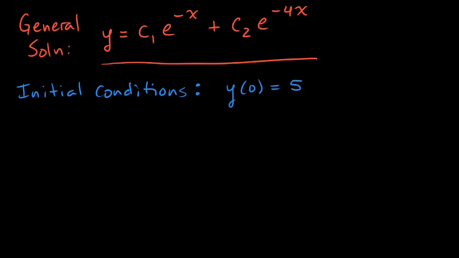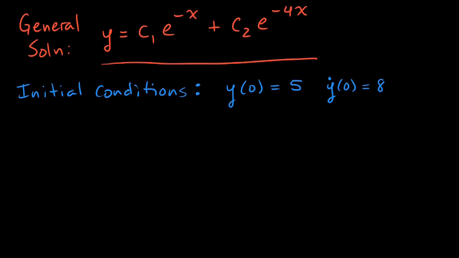That has to be specified; you can't pull that out and say y of 0 has to be 5. It has to be specified in the problem statement. And also, let's say that the first derivative, y dot, evaluated at x equals 0, equals 8. Now I've just made those up, but those are the initial conditions we're going to put on the problem.